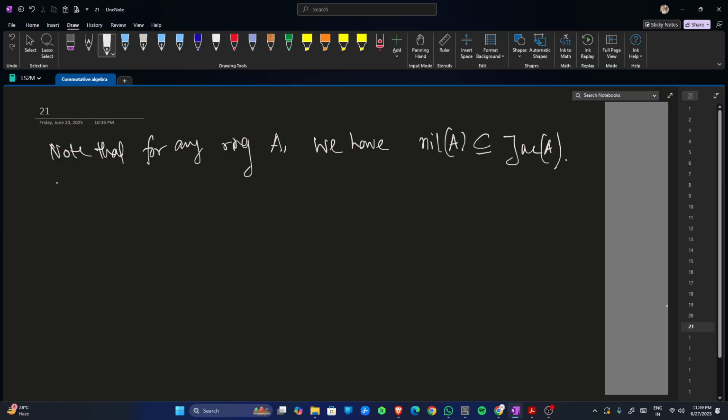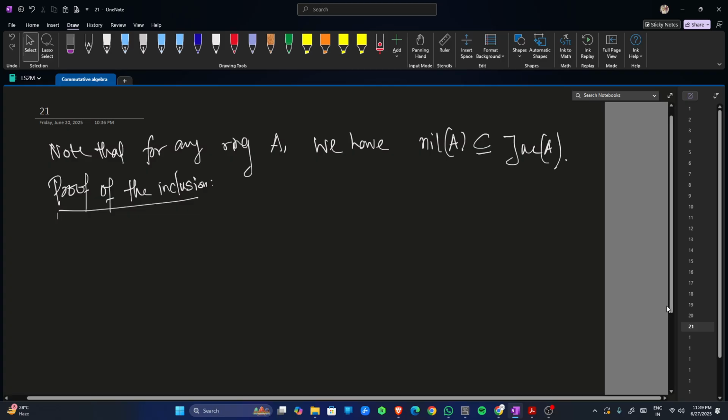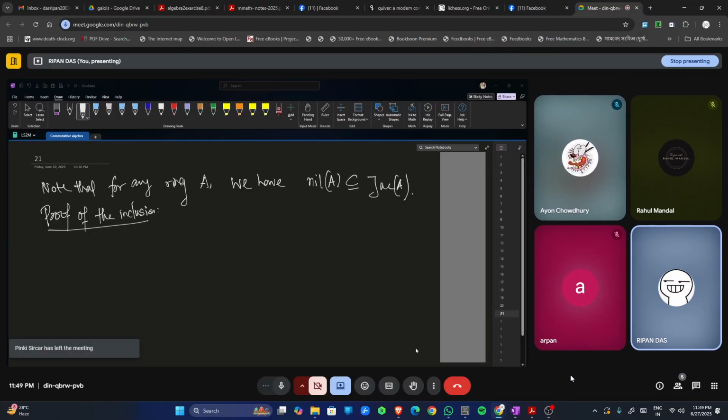Okay, what is the proof? Please, anyone, what is the proof that nil is contained in the Jacobson radical?